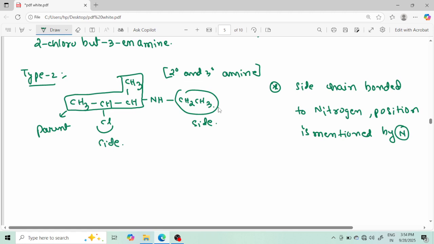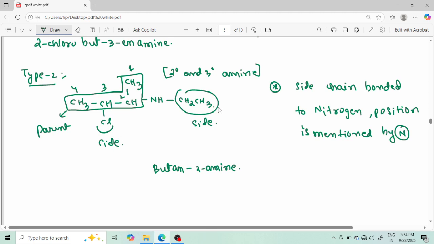Now if you name it, let's first write the parent chain name, and then we'll think about the side chains. I'll start the numbering from here, 1, 2, 3 and 4. At second position you have amine, so you will write butane-2-amine. Now if you look carefully, 2 side chains are there.